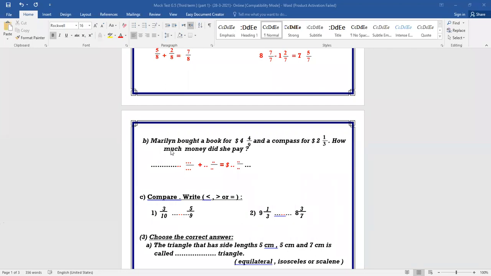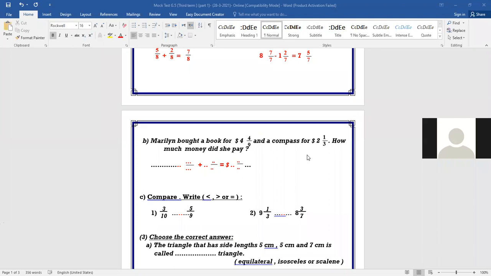Merlin bought a book for 4 out of 9 and a compass for 1 out of 3. How much money did she pay? Here we have two amounts.